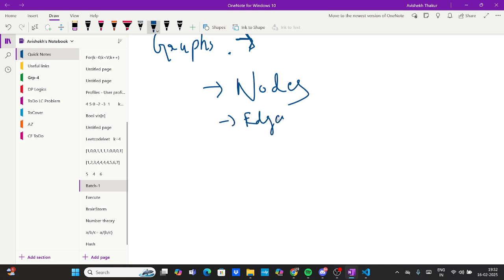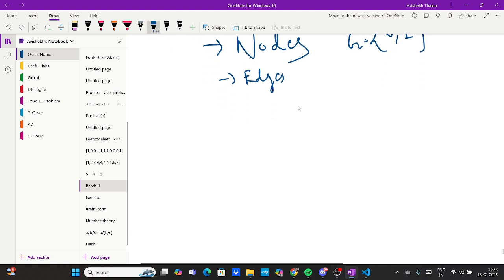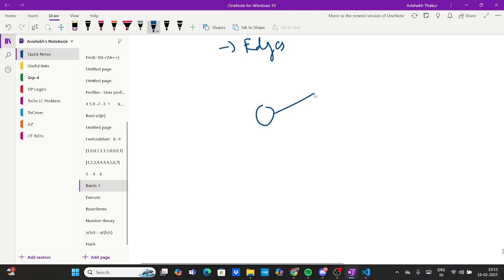Now, mathematically, we represent a graph as G equals the set of V comma E, which is some V vertices and E edges. Okay, just an example. This is a graph.